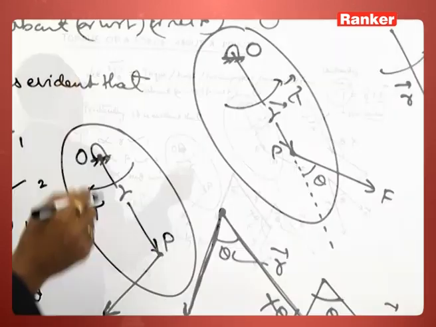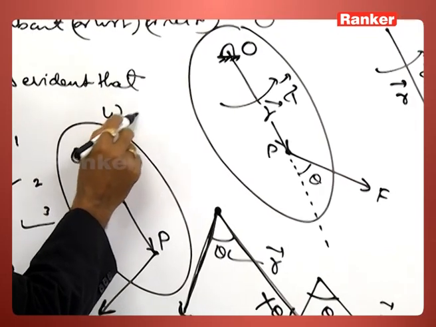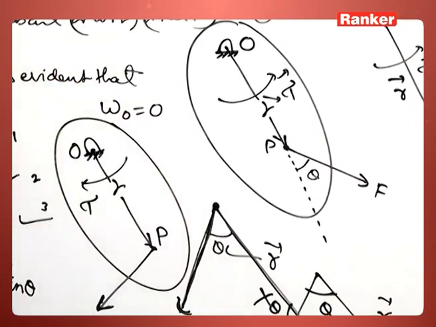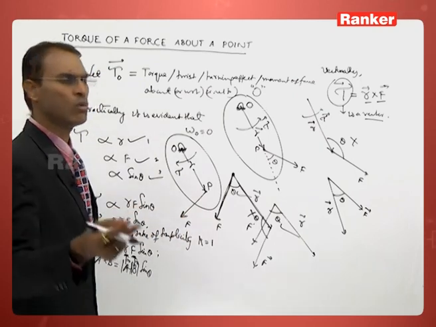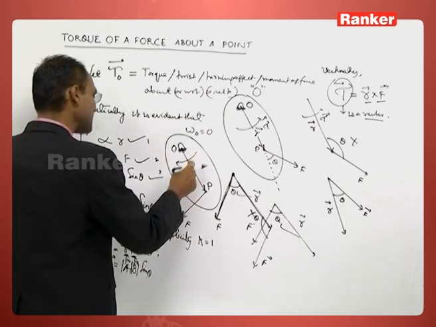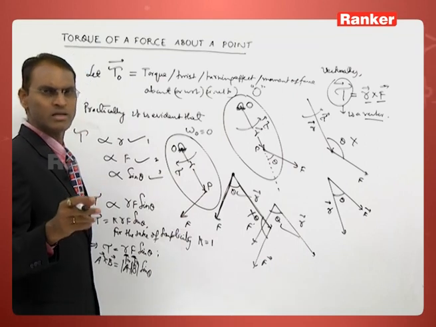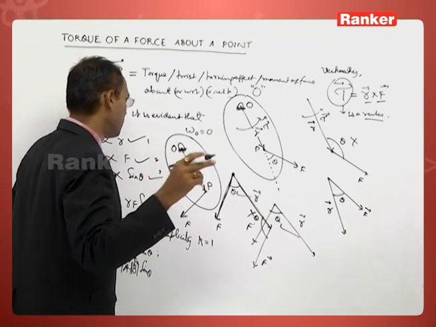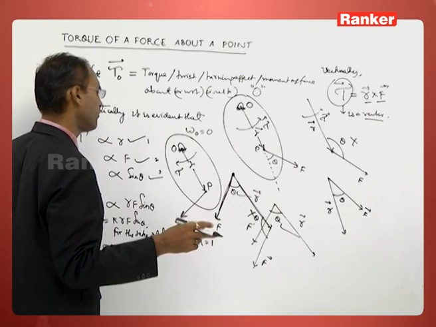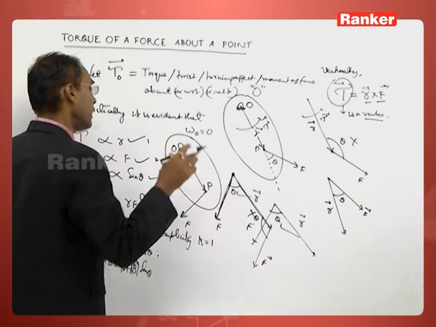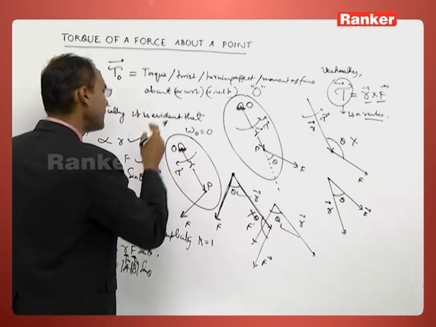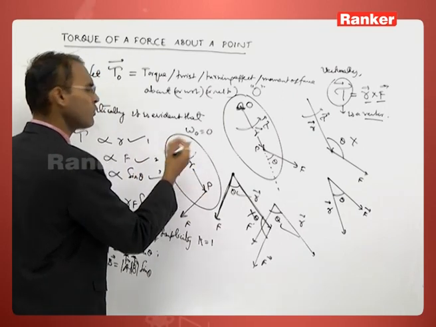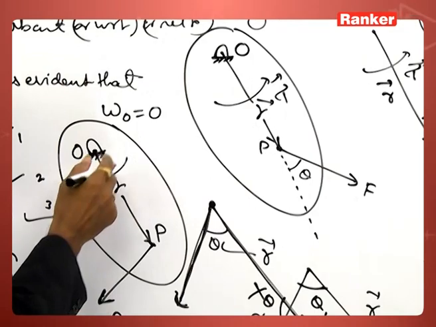Rotation means what? At rest means omega initially 0. When it rotates, its omega changes from 0 to non-zero. This means that angular acceleration. Here the word rotation is used for angular acceleration because it was at rest. Now it starts rotating. When it rotates, its angular velocity changes from 0 to non-zero value. In which direction?